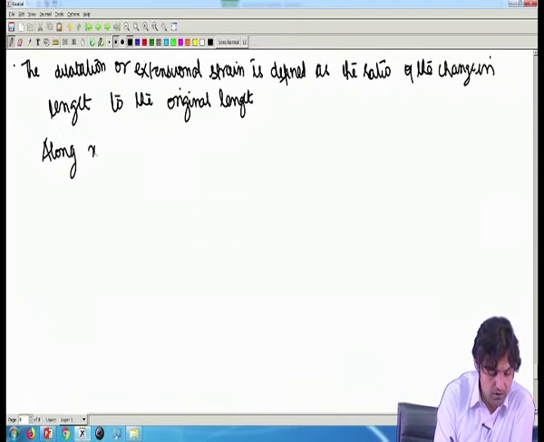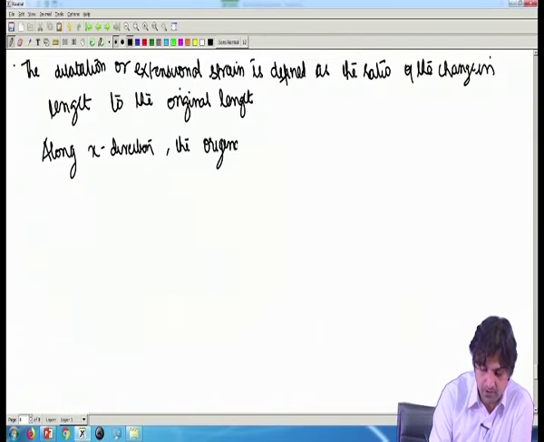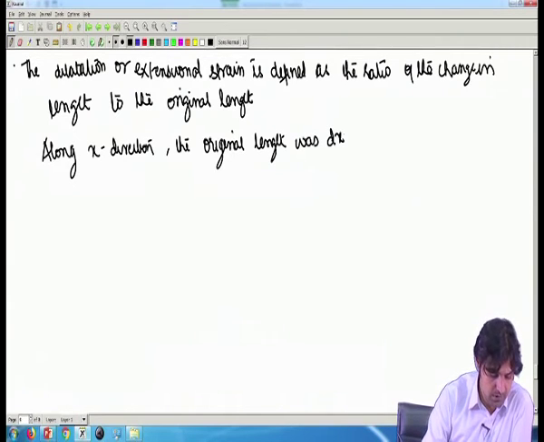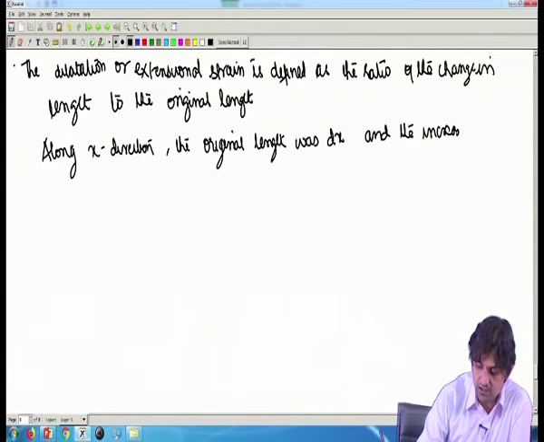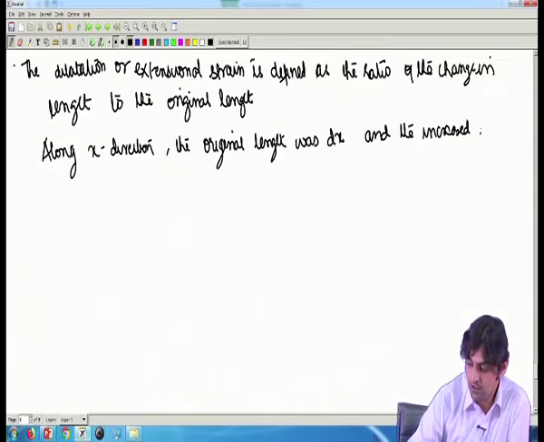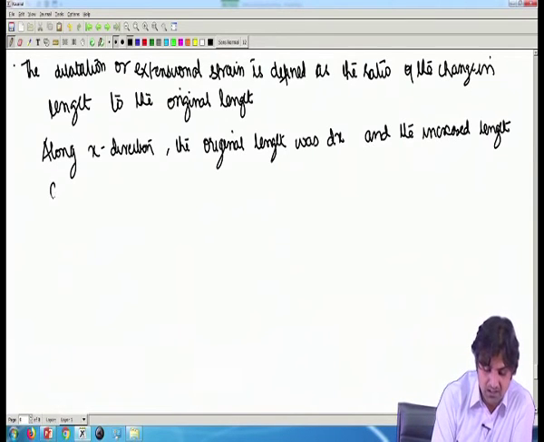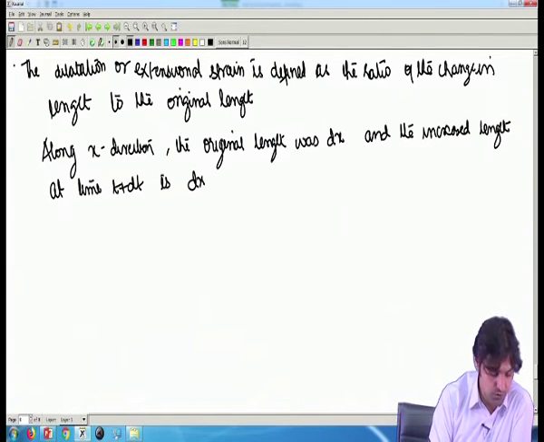So along x direction the original length was dx and the increased length at time t plus dt is, if you look at that diagram, you would see del u del x into dx dt.